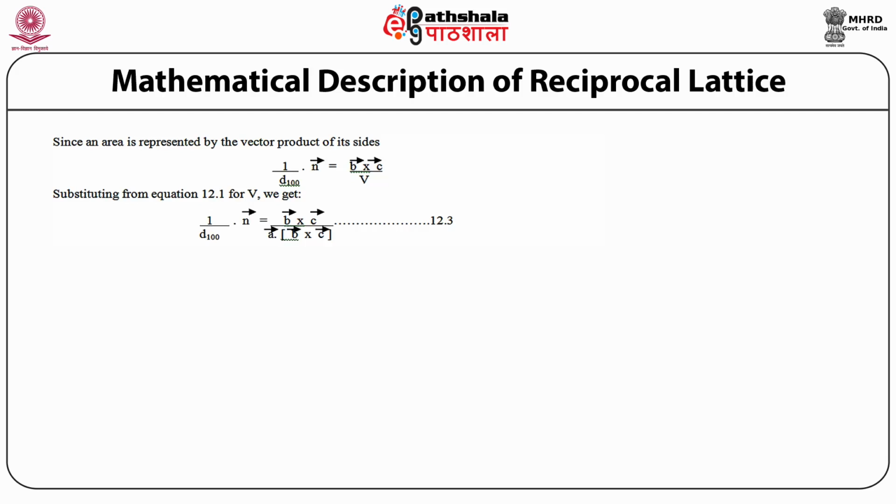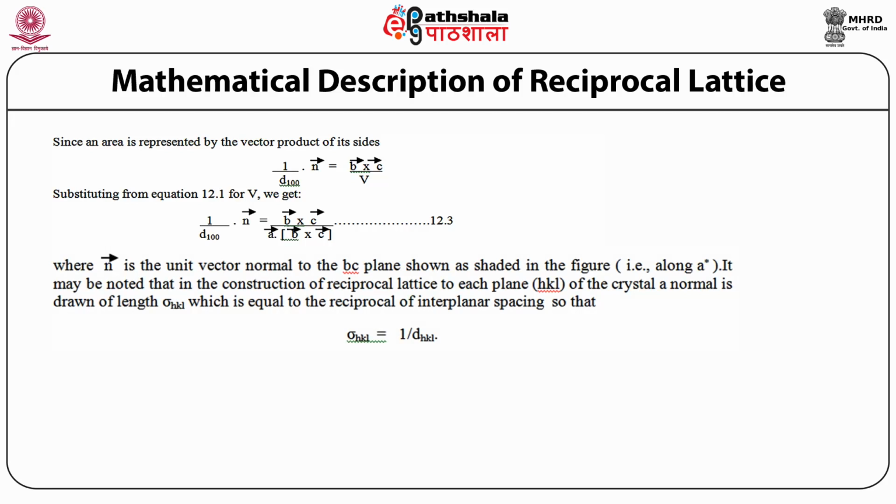Substituting from equation 12.1 for V, we get 1 upon d100 into n vector is equal to b cross c upon a dot b cross c, which is represented as equation 12.3, where n vector is the unit vector normal to the BC plane shown as shaded in the figure, that is, along a star.